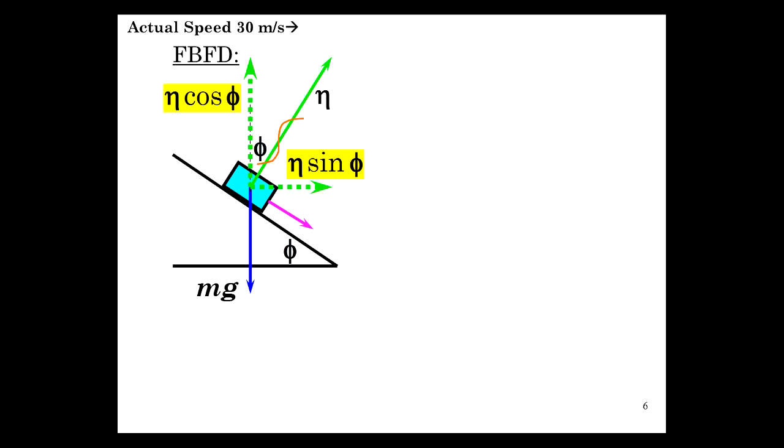But we have friction acting down the ramp, which is necessary to keep the car from flying off the outer edge of the road. That friction is mu normal, and based on the direction it's going, we know that the horizontal component is going to be related to the actual force times the cosine of the angle. So there it is, mu s normal cosine of phi.